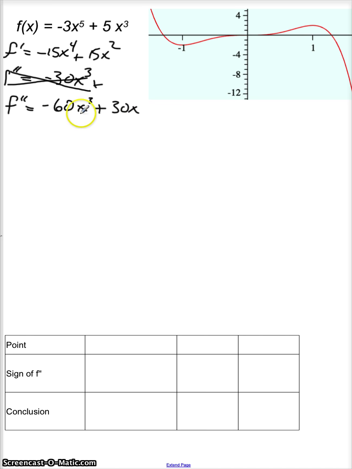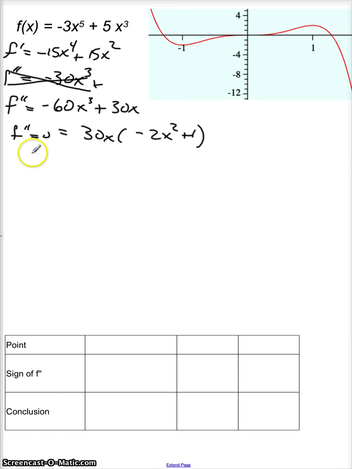Now, let's look at where this is 0. It's defined everywhere. So f double prime is 0 where, let's factor out 30x. So this is going to be negative 2x squared plus 1.